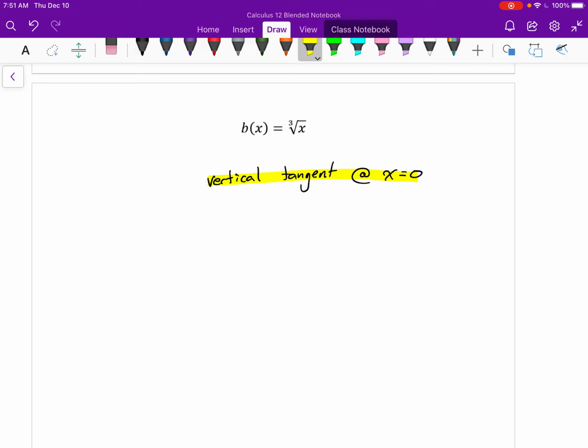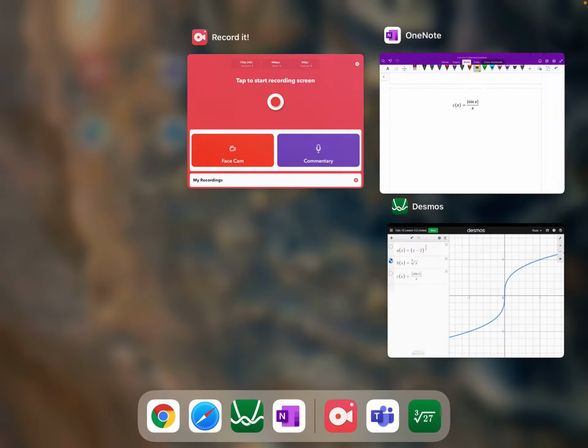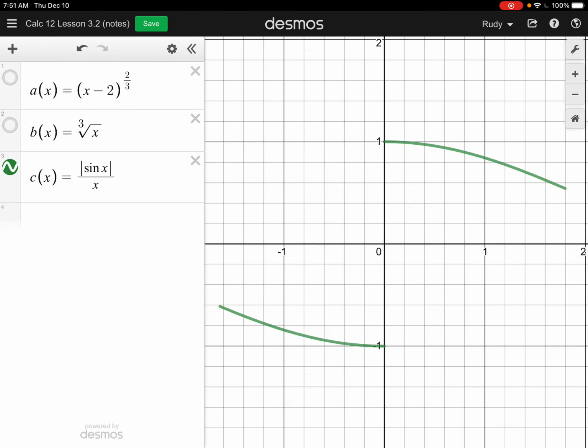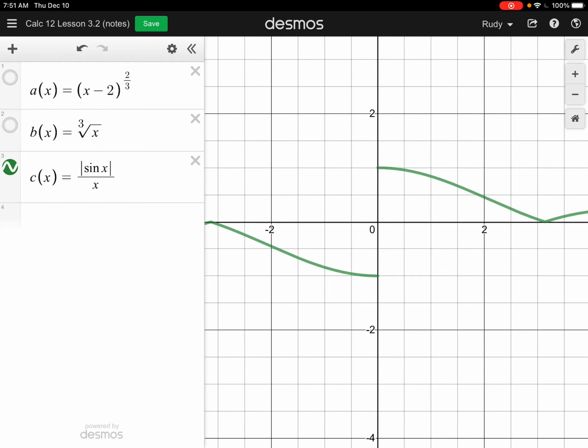And lastly, for function c of x, the absolute value of sine x over x. I have this. Let me zoom out a bit. There are actually several places where this is not differentiable. The most obvious is probably right at 0. When x is 0, we have a jump discontinuity.